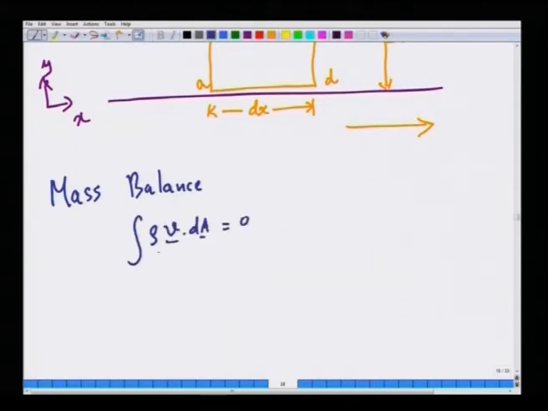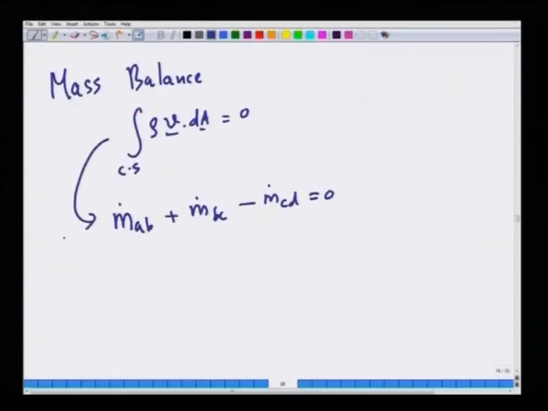So, at steady state the mass balance implies the sum of m dot is 0 over all the control surfaces. This implies that m dot AB plus m dot BC minus m dot CD is 0. There is no flow across AD because the velocity satisfies the no normal velocity condition at the rigid surface AD. So, this will essentially boil down to this.